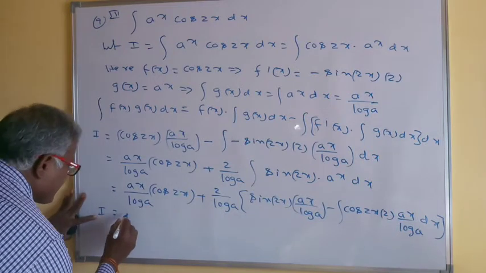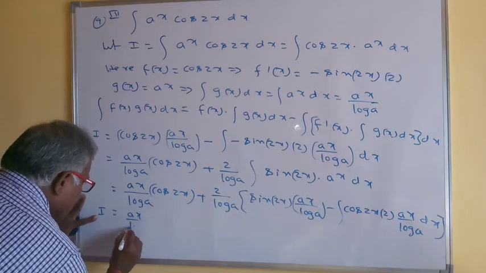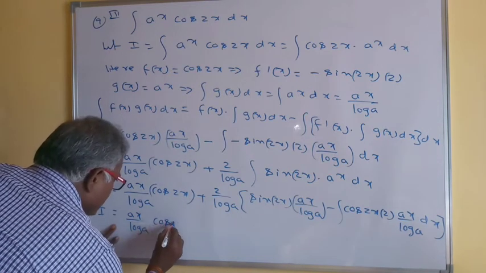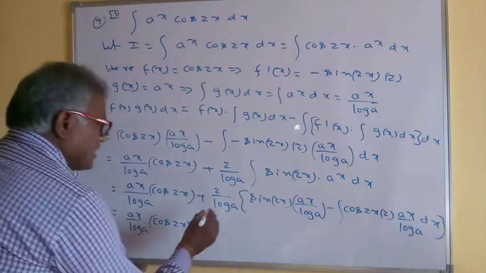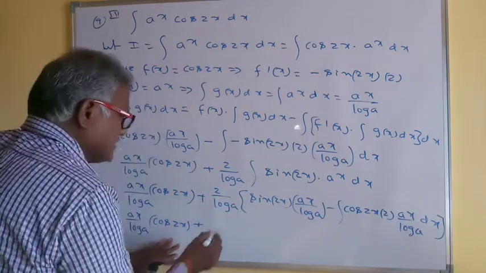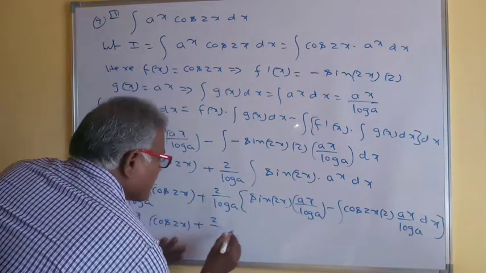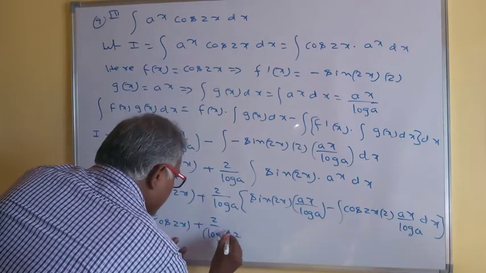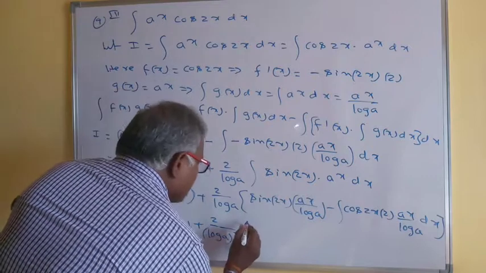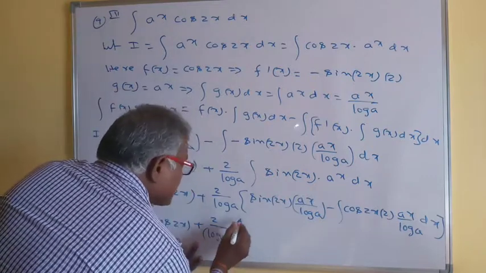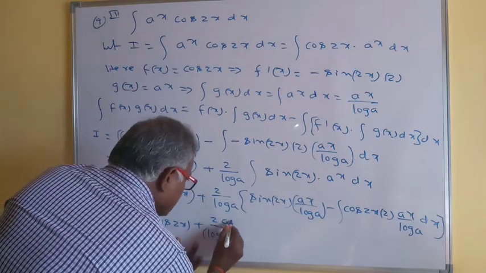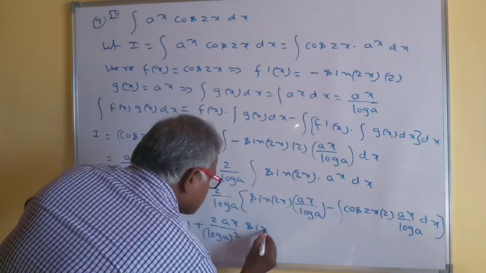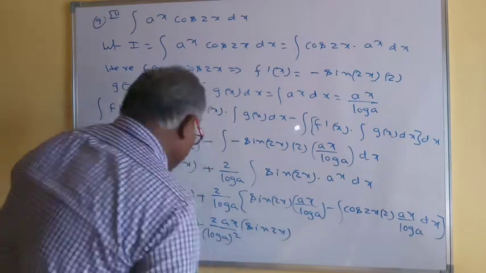I is equal to a power x by log a into cos 2x, plus 2 by log a whole square into sin 2x into a power x. Here this is a constant, the integration is already over.